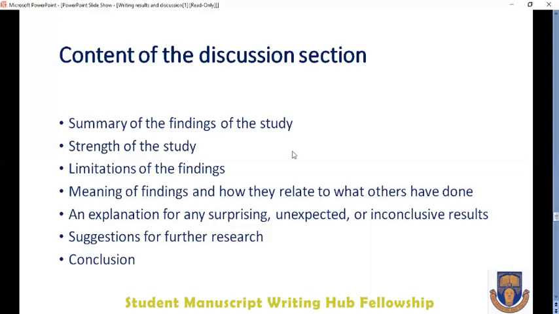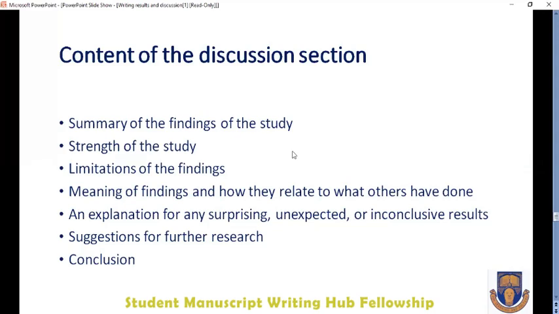Strength and limitation of study should come early in your discussion, because it gives you the opportunity to keep this in mind when you are reading your discussion of the findings. You already know the strength and limitation of the study, so once you are reading the other aspects of the discussion, you put that at the back of your mind.